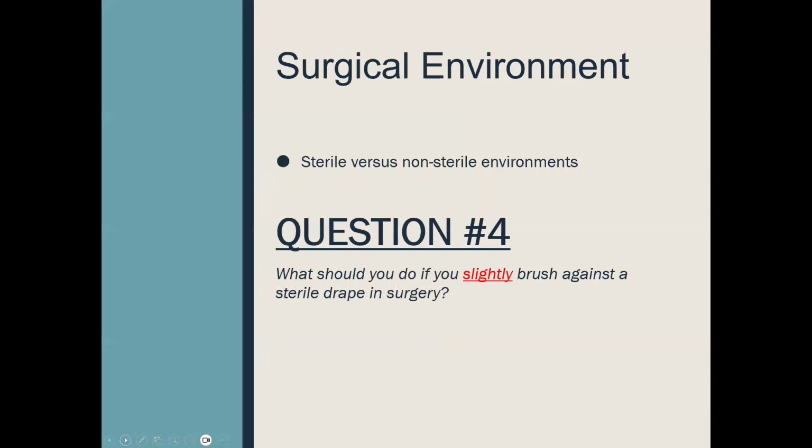All right, question 4. What should you do if you slightly brush against a sterile drape in surgery? I know you guys know this. We went over it last week. That's right. Report it. Tell someone. Absolutely. Because the issue could be later on the patient can get an infection and all kinds of things could happen. Yes, you must report it.